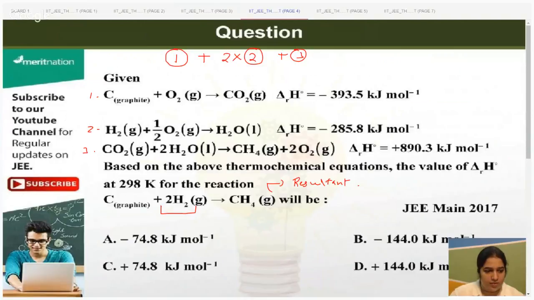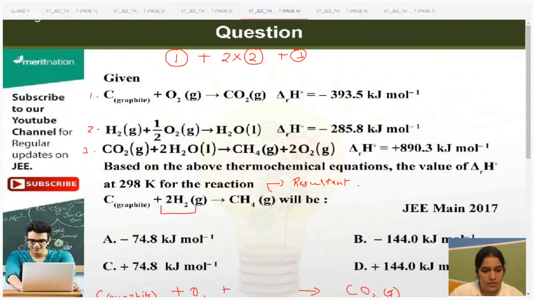Let us verify. I'm performing the calculation with respect to the elements with reactants here. So carbon graphite plus O2, this is reaction 1. Next, we have to add twice of equation 2.